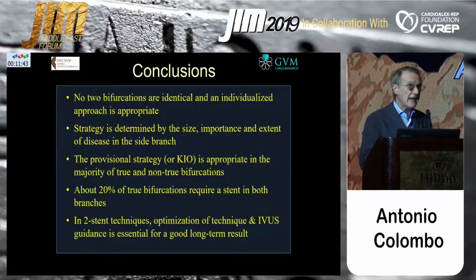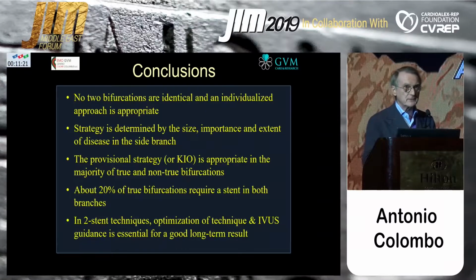And I like sometimes to make the decision after side branch pre-dilatation. The side branch pre-dilatation tells you where the wind is going. If the side branch pre-dilatation gives you an excellent result, you continue with provisional.